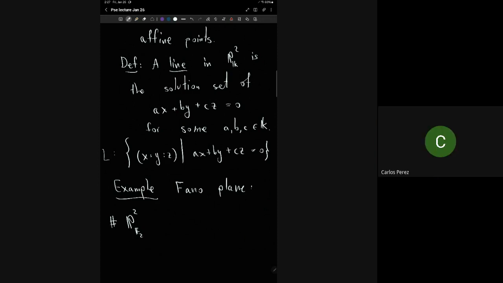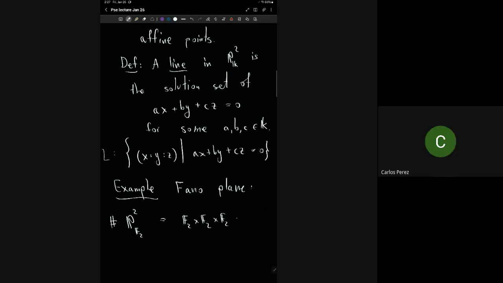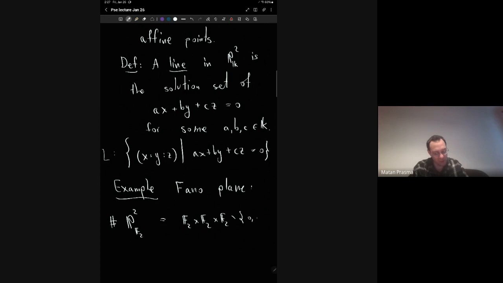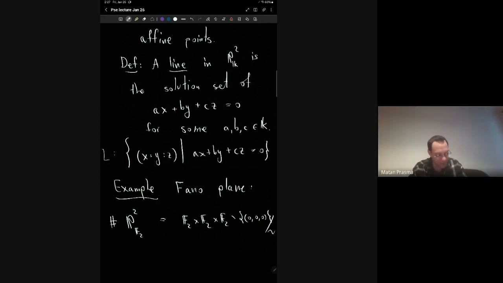I would say 4, like all of the combinations that you can do. But remember that we take F2 times F2 times F2. Oh, we remove the origin. So 7. Exactly, 7. We remove the origin and then we divide by an equivalence relation.